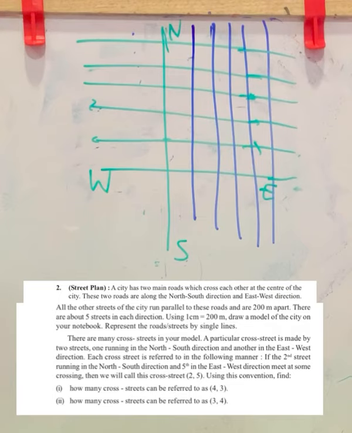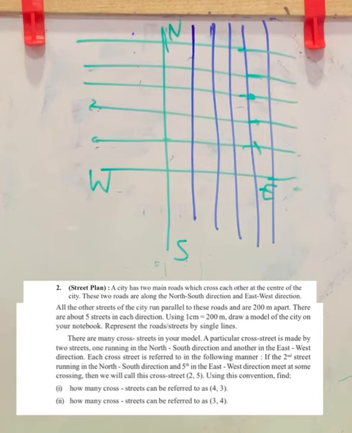There are many cross streets in your model. A particular cross street is made by 2 streets, one running in the north-south direction and another in the east-west direction. Each cross street is referred to in the following manner. If the second street running in the north-south direction and the fifth in the east-west direction meet at some crossing, then we will call this cross street 2-5.